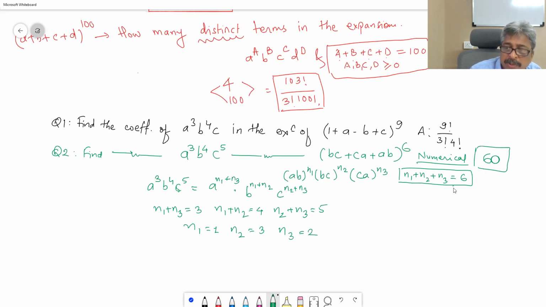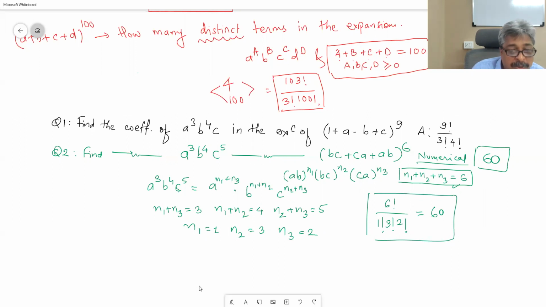They add up to 6, and therefore our coefficient is going to be 6 factorial upon n1, 1 factorial, upon n2, it is 3 factorial, upon n3 factorial, which is equal to 60.